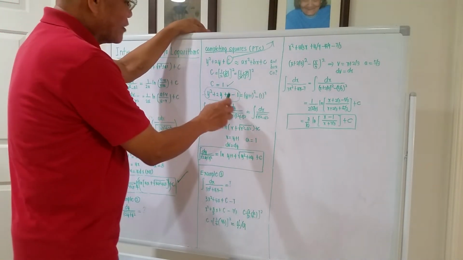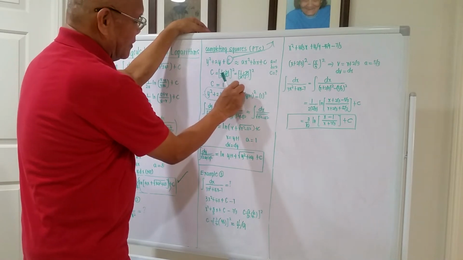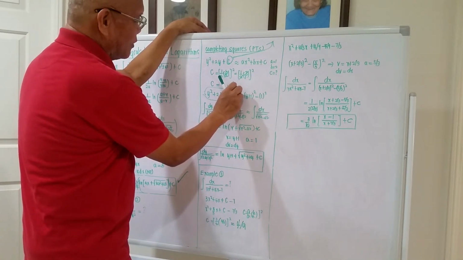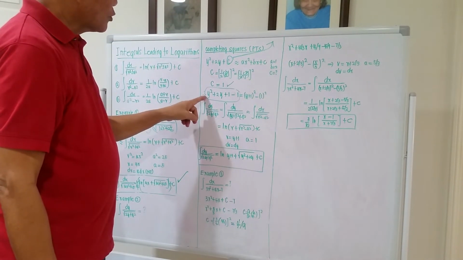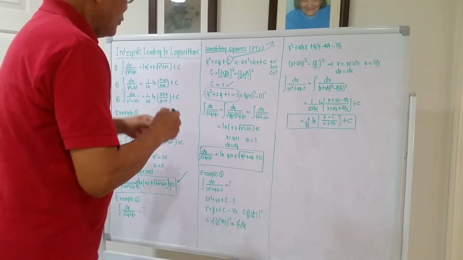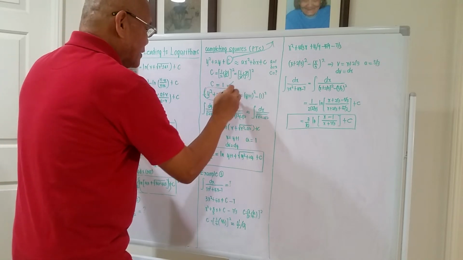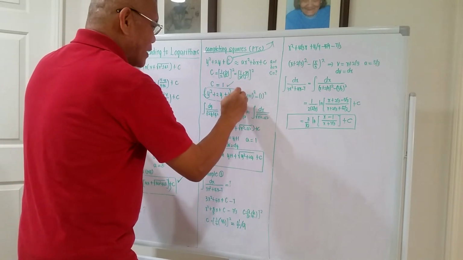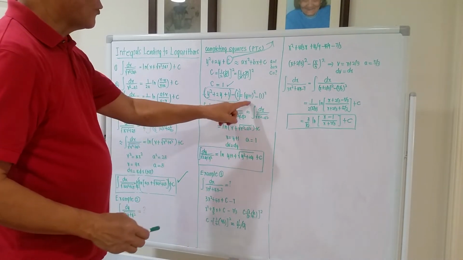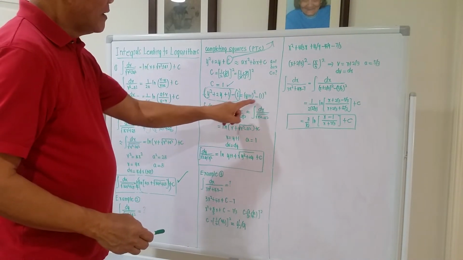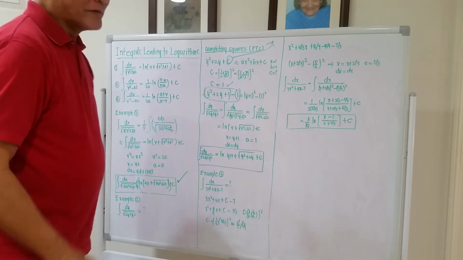Because 1 minus 1 is 0, what remains is y squared plus 2y. But we could write it as y squared plus 2y plus 1. We group this as one term, and this one here as one term. And this is now factorable to y plus 1 quantity squared minus 1 quantity squared.